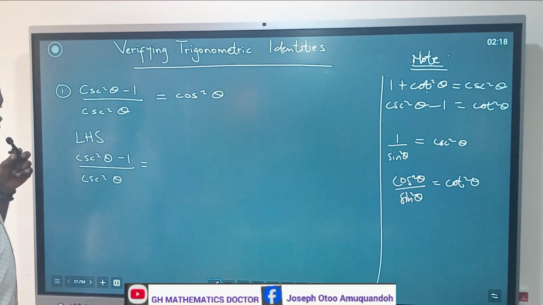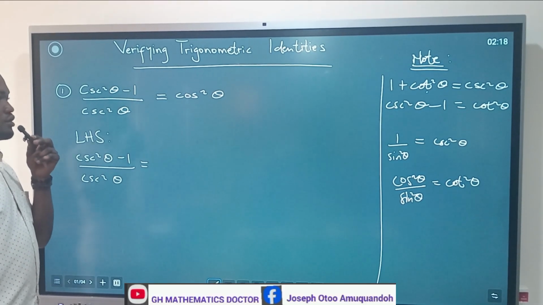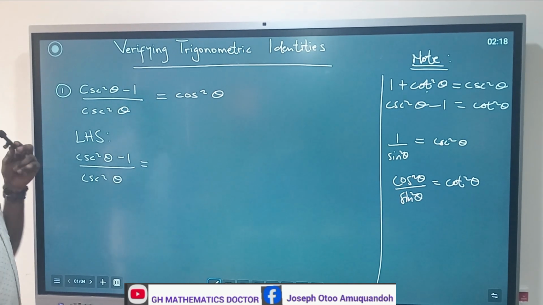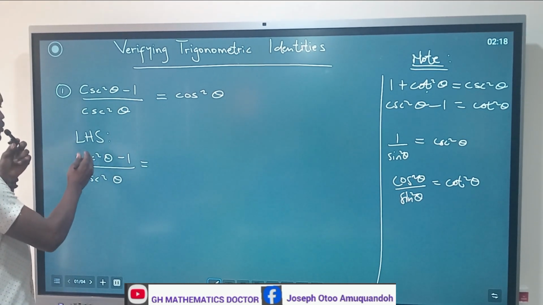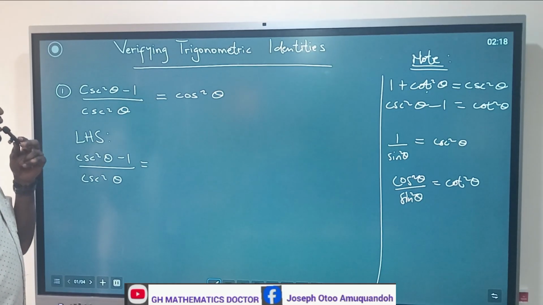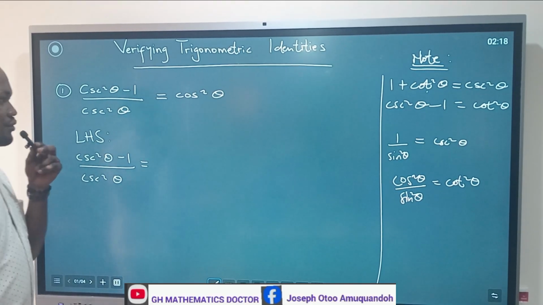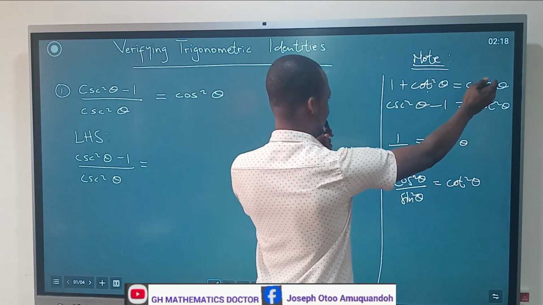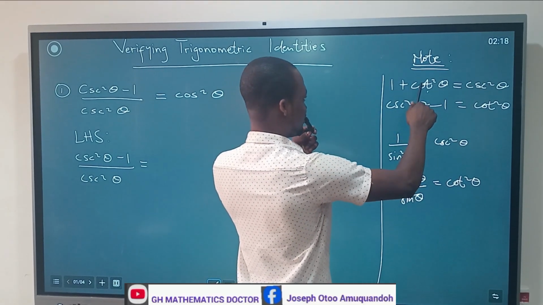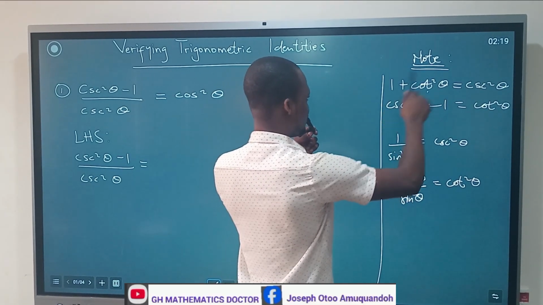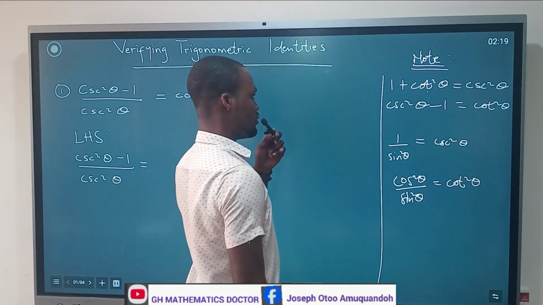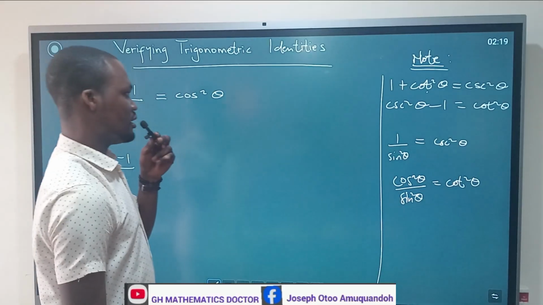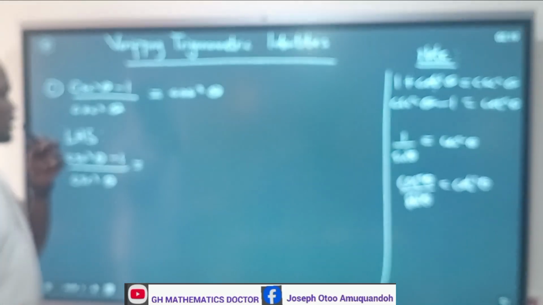So in this case, we need to remember some of our basic trig identities that we have talked about in the previous video. So cosec square theta minus 1 is an identity which can be derived from 1 plus cot square theta equal to cosec square theta. In this case, we make cot square theta the subject and send this 1 to the side of the cosec square theta, and that will give you cosec square theta minus 1 to be cot square theta.